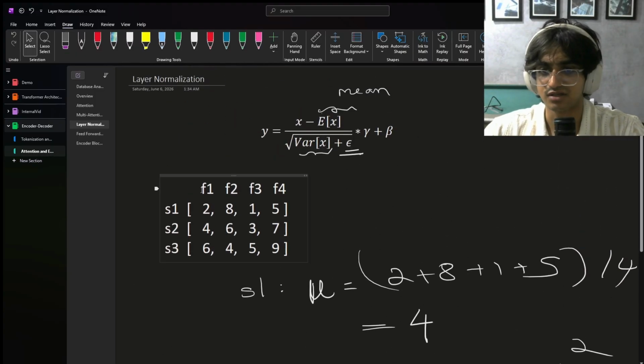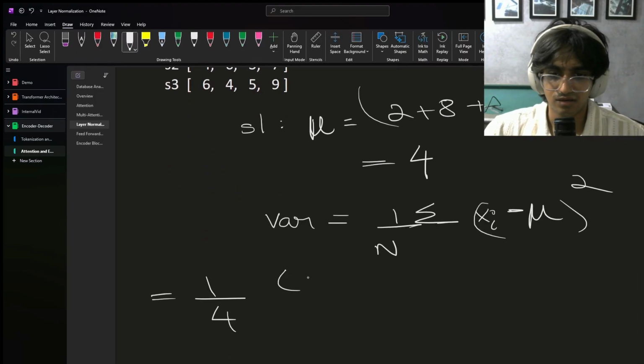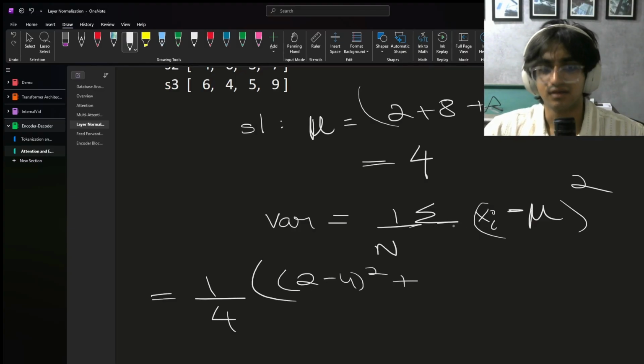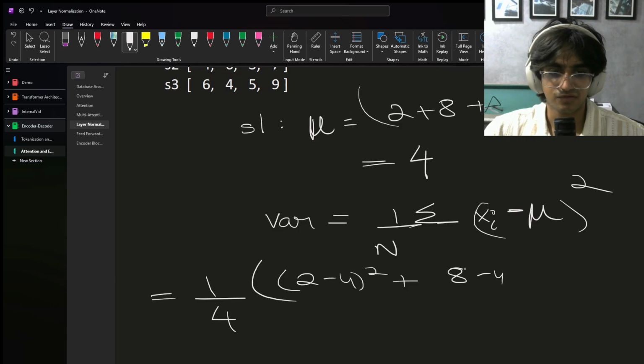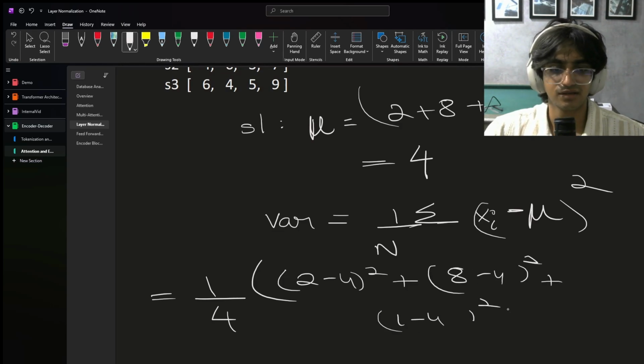So it's going to be (2 minus 4) the whole squared plus, then (8 minus 4) the whole squared plus (1 minus 4) the whole squared plus (5 minus 4) the whole squared.